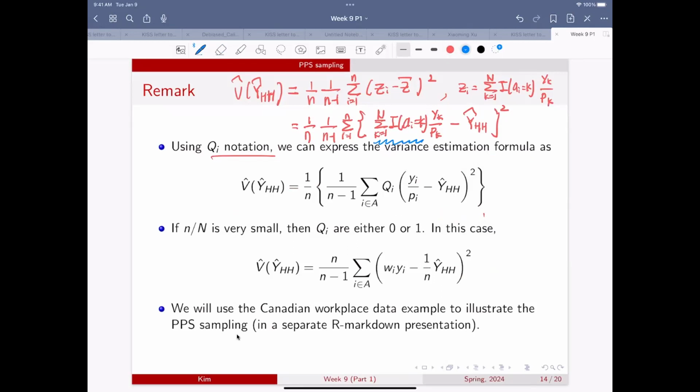So that means you can actually move the summation outside. My point is you can actually move the summation outside and then yk, pk, no different.